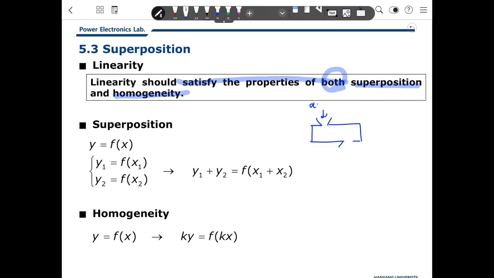When you insert an x1, then the result was y1. And when you insert this x2, whatever it is, the result was y2. In the case we add x1 plus x2, then the result should be y1 plus y2. To satisfy this relationship, then you can say this system has a superposition. We call it superposition. In Korean, 중첩.